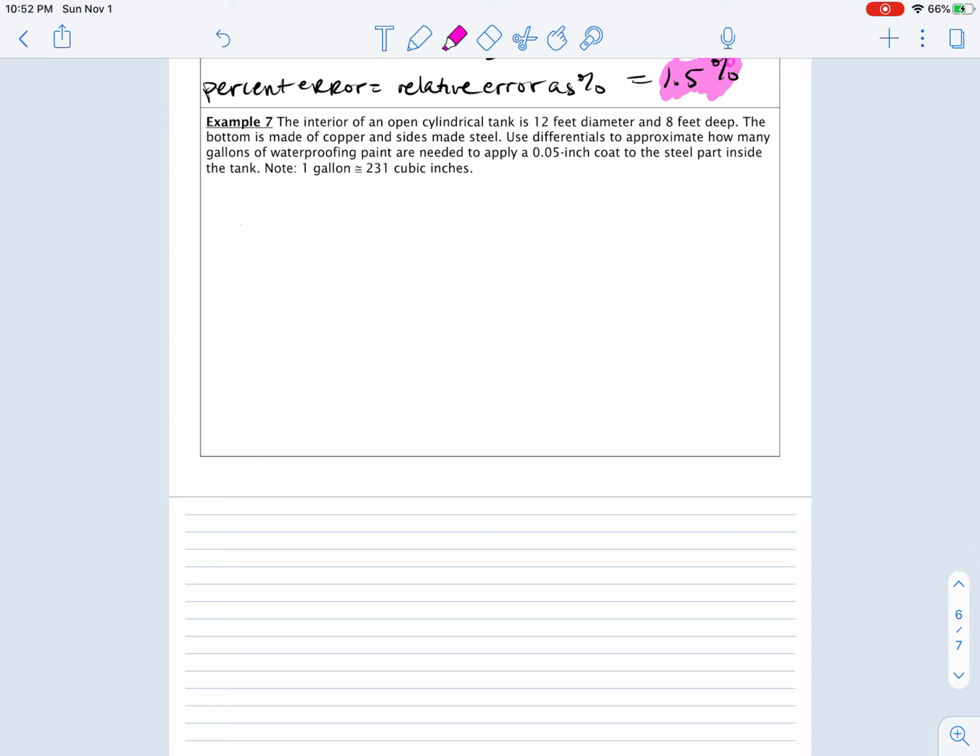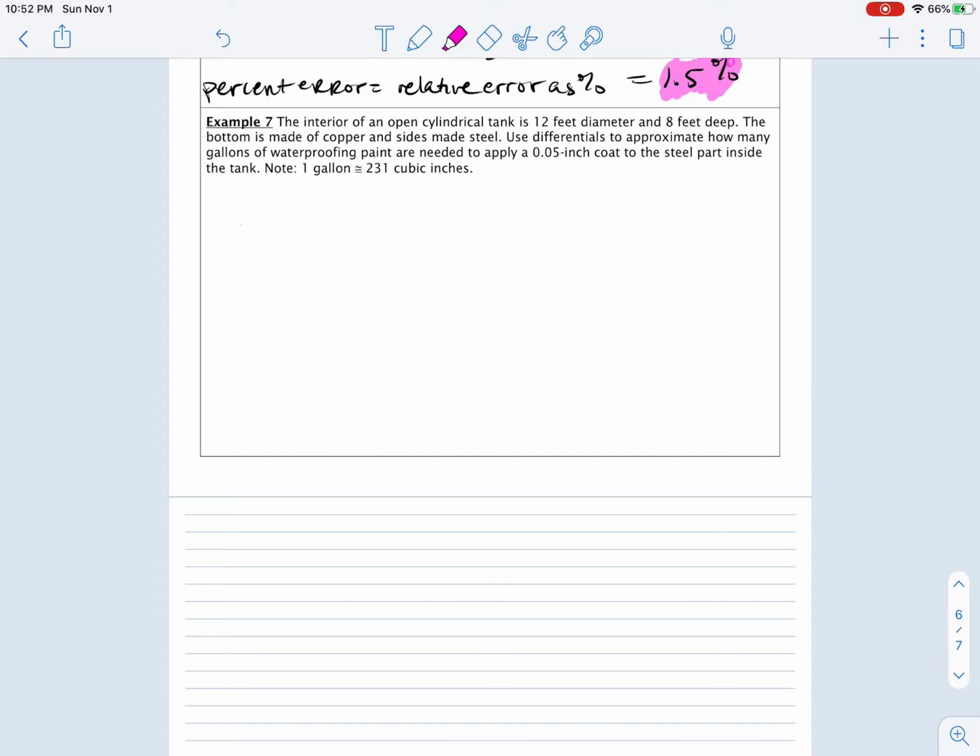Let's take a look at this question here. It says, the interior of an open cylindrical tank is 12 feet in diameter and 8 feet deep. The bottom is made of copper and the sides made of steel.